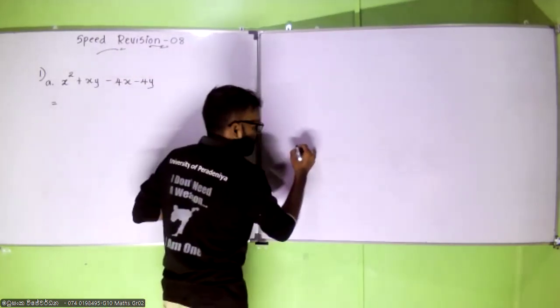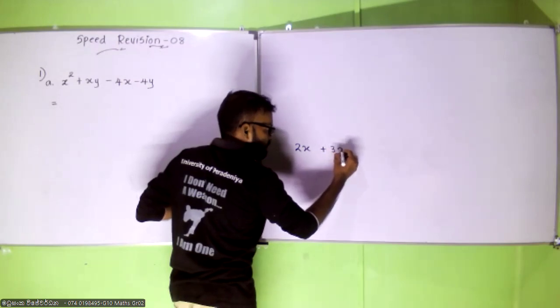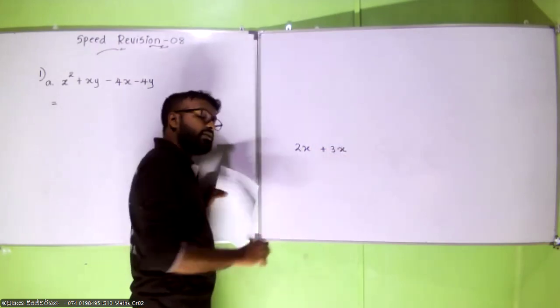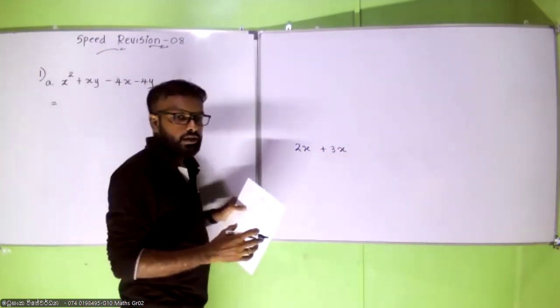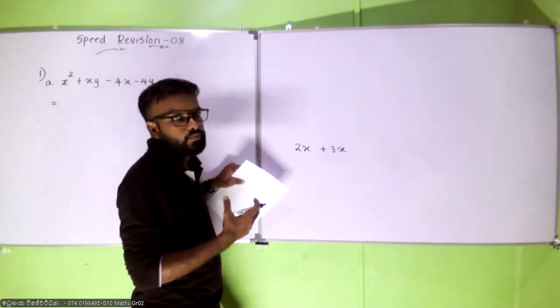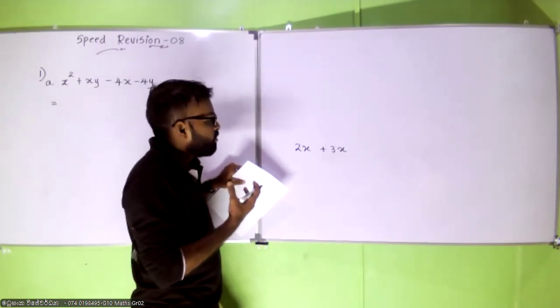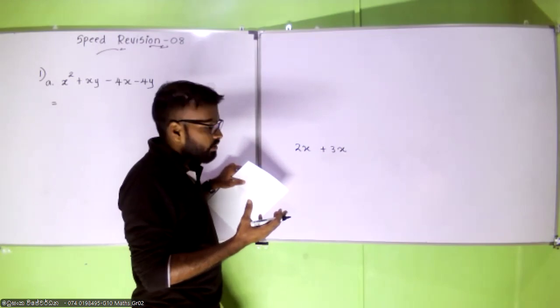So if you have something like this, for an example, you have 2x plus 3x. If x is a common term, I have already told this in the previous speed revision as well, right? So 2x plus 3x, right?